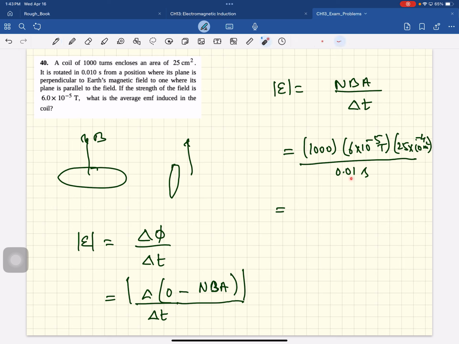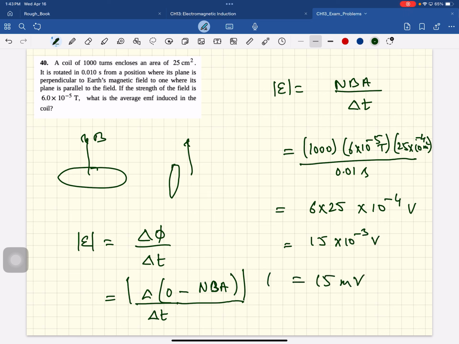This is 10 minus 2, that makes it 10 minus 3, 10 minus 7, 10 minus 4, and 25. So 6 into 25 into 10 minus 4 volts. And this is 150, so 15 into 10 minus 3 volts, 15 millivolts.